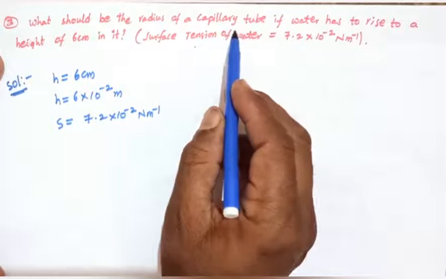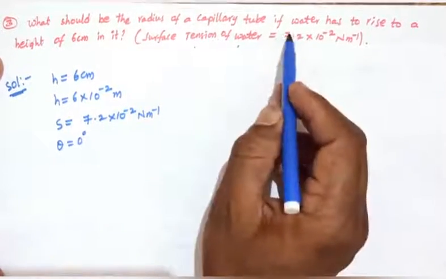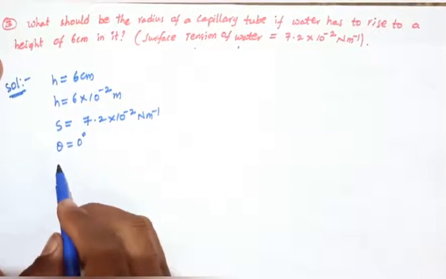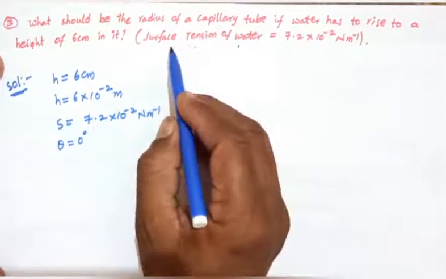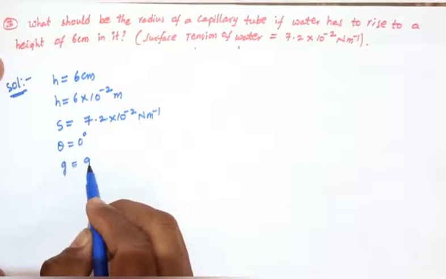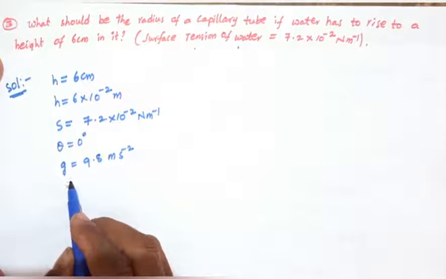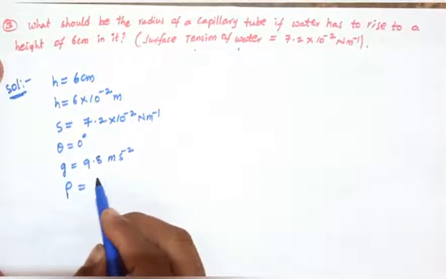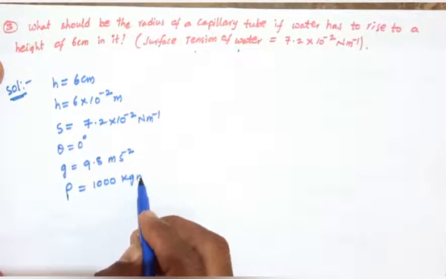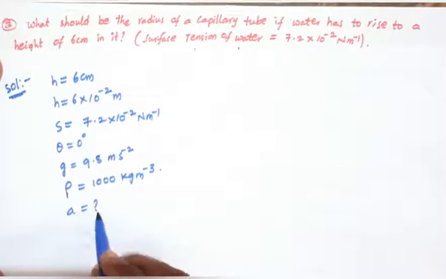For water, the angle of contact is not given, so when it is not given, we take theta equals 0 degrees. The acceleration due to gravity is normally 9.8 meter per second square. Density rho equals 1000 kilogram per meter cube. So what is the radius?